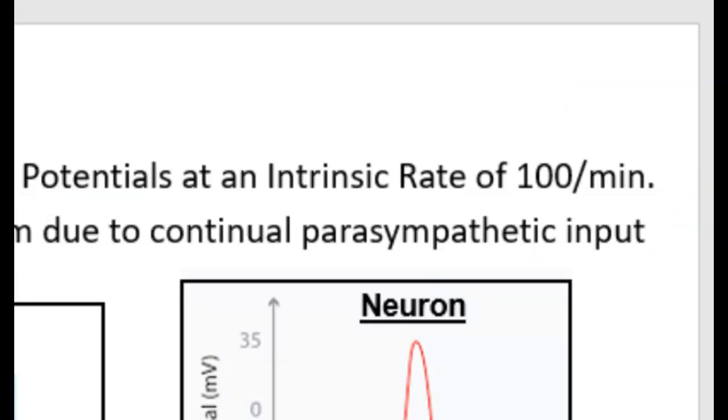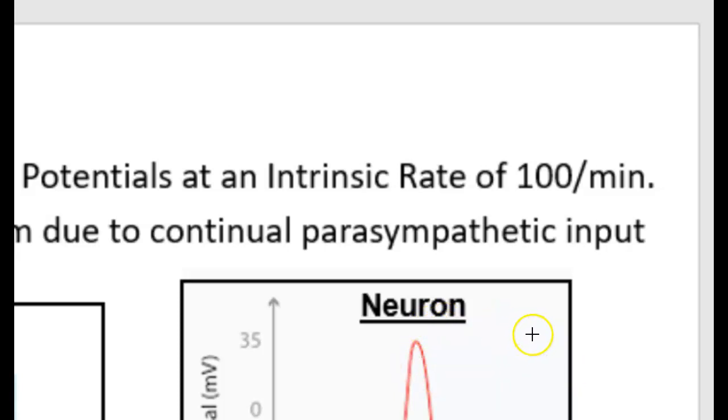Another difference is that threshold level is different between the two. So we have a threshold level in the SA node of -40, and we had a -55 in a neuron. That's not that big of a deal, but it's a little bit different. What's really telling, and what is the most important difference, is the resting membrane potential.